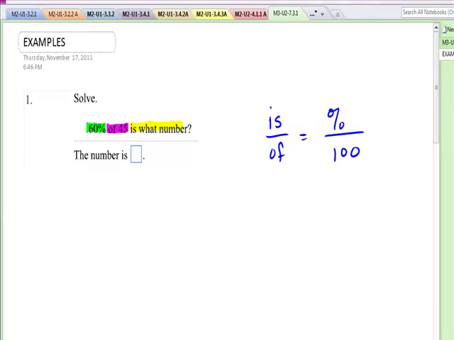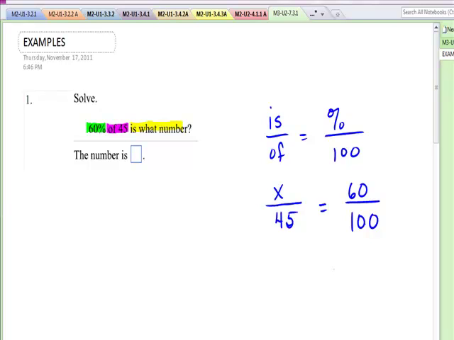The is number. Sometimes it comes before the word is and sometimes after the word is, depending on how the question is phrased. But is what number? That's the unknown in this. The of 45, the object of the preposition of goes in the place of the of. The percent number is super easy to identify because it has a percent sign. You drop that off when you put it over 100.